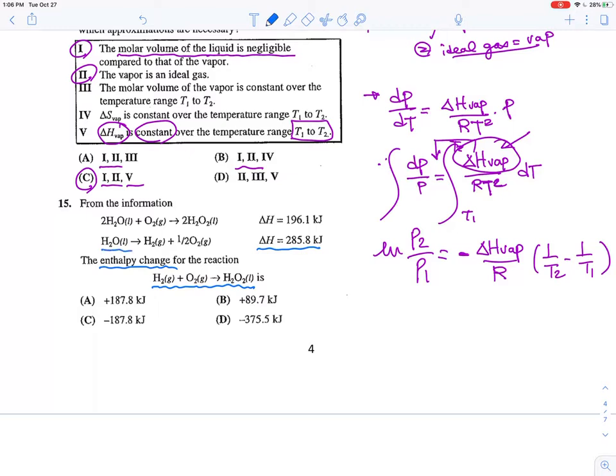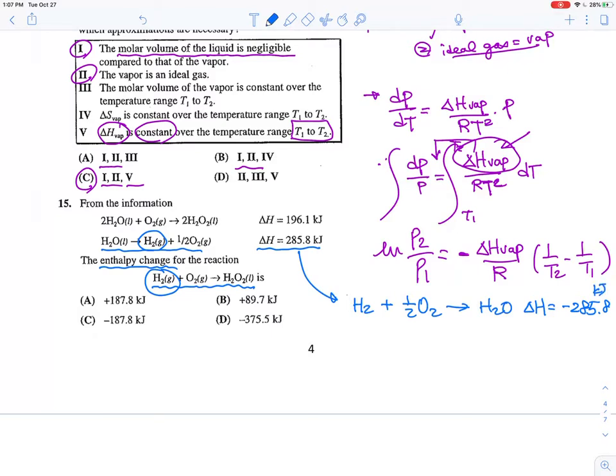I'm looking at H2 here and H2 there. So what I can do is flip this: H2 plus half O2 gives H2O, and delta H for this one is minus 285.8 kilojoules.